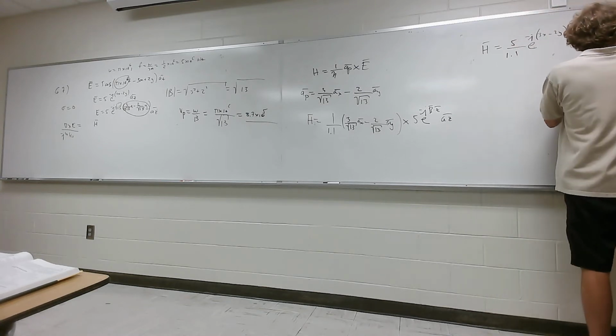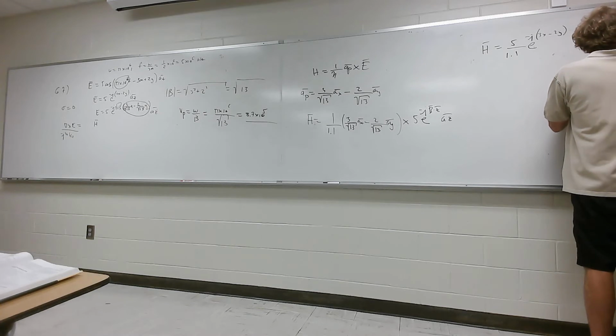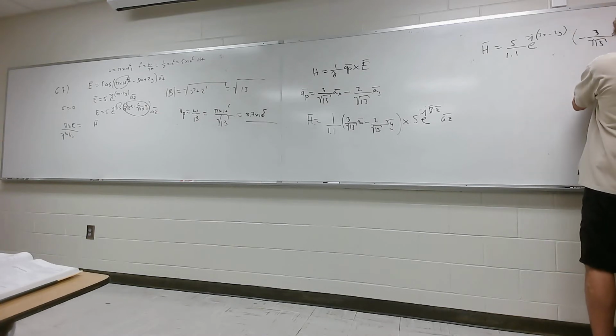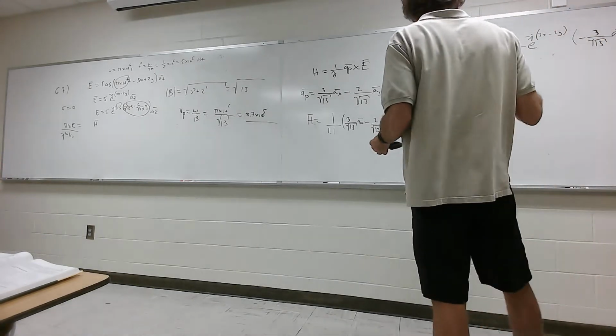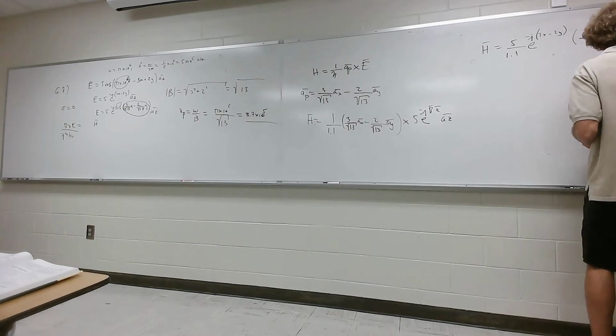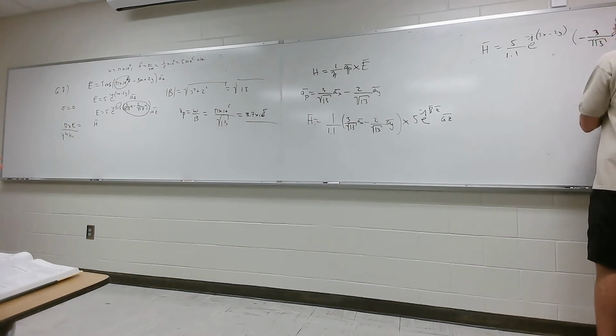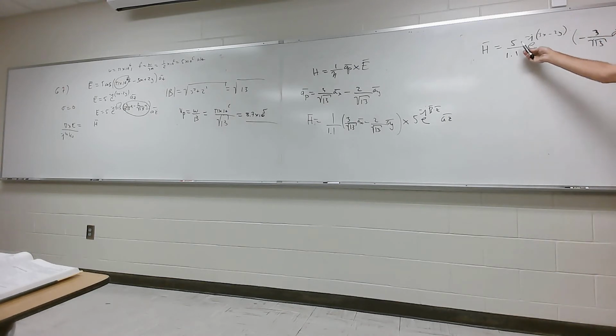So it's going to be plus 2 over square root of 13, and it should be ax. My bad. Alright, and then if you want to multiply this out, 5 over 1.1 times 3 over square root of 13 and put a minus sign, that's the values. Did you take it that far?